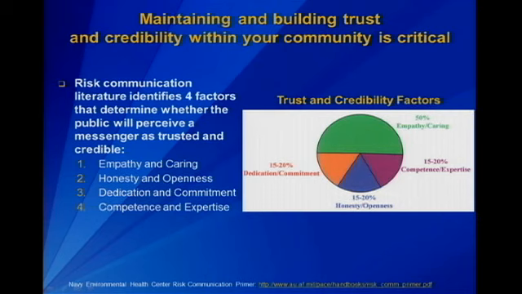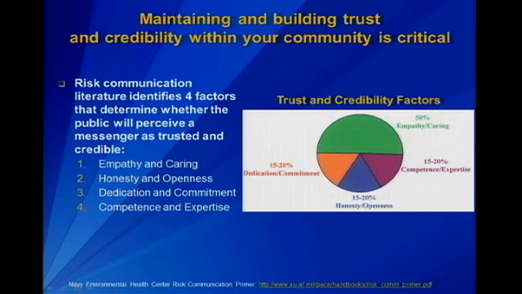And so we have boiled down a lot of risk communication science into easy, plain language examples. The basic premise is that risk communication literature defines 4 factors that determine whether the public is going to perceive a messenger as trusted and credible.